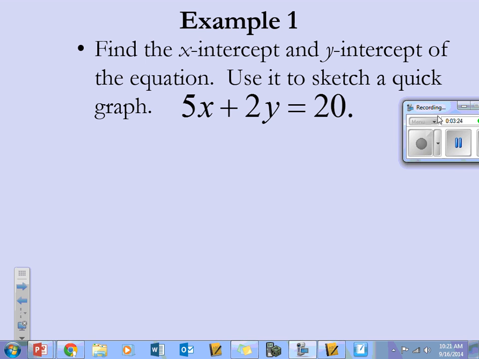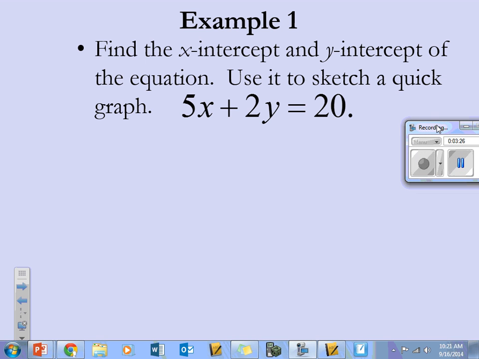So here, find the x and y intercept of the equation and use it to sketch a quick graph. Okay, so first of all, we need to know what our x and y intercepts are. So if I'm looking for my x-intercept, remember what we do with that is we plug 0 in for y. So take your equation and plug 0 in for y.